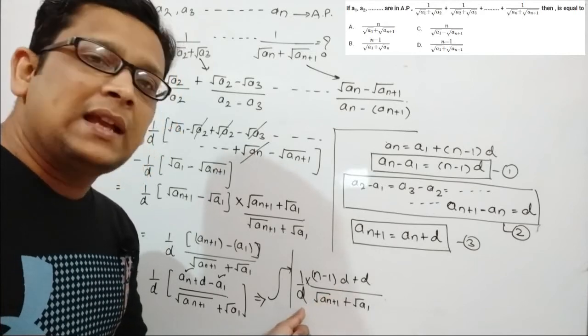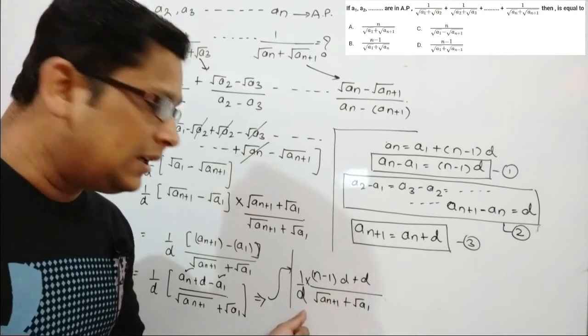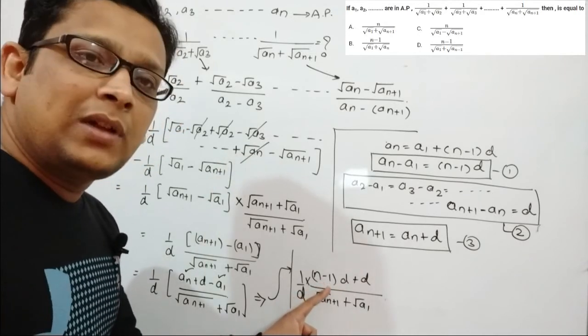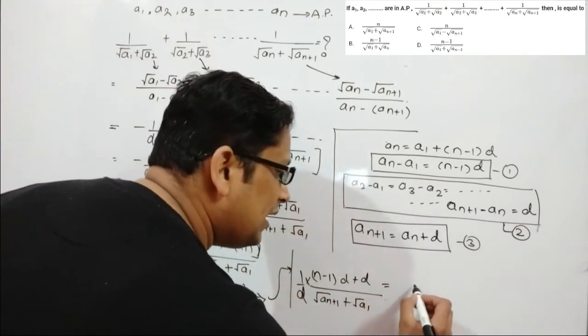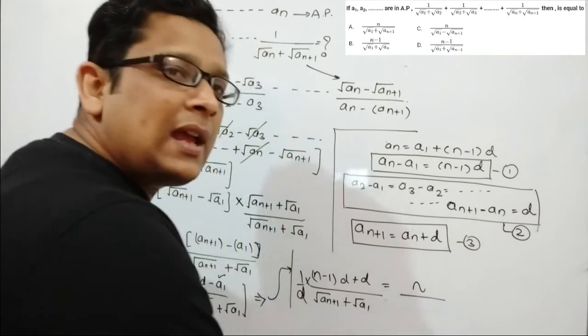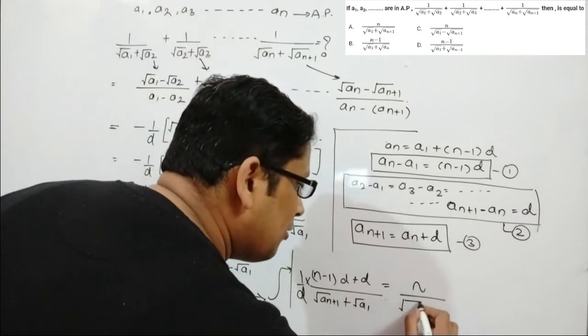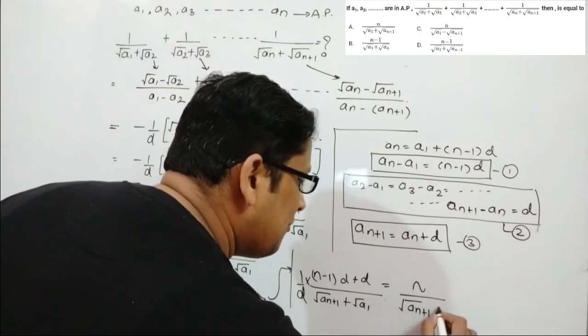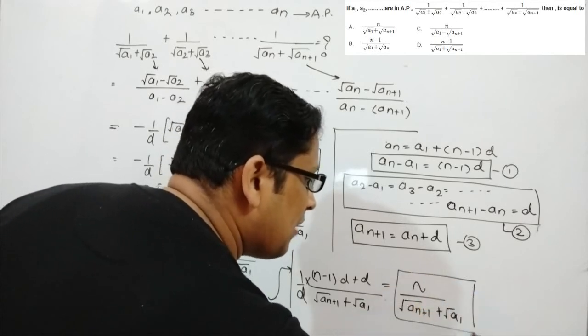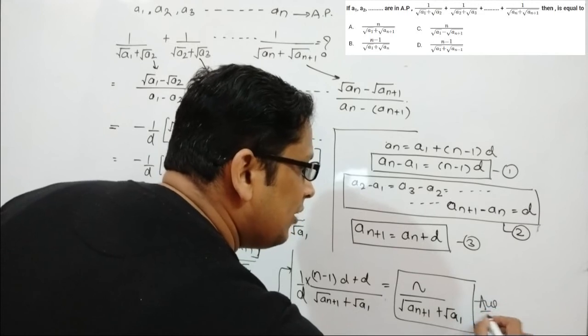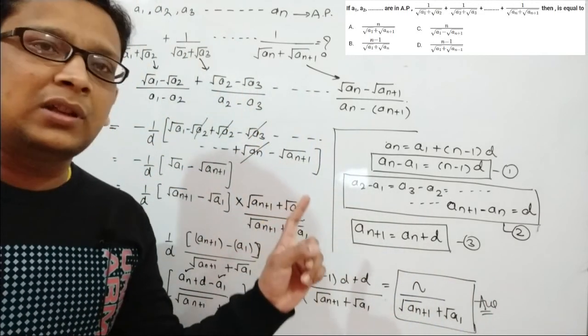So this d will be cancelled out by this d at the denominator. So we get what, n minus 1 plus 1 will be there. So minus 1 plus 1 will be getting cancelled out. So we get finally, as a result, n divided by √(an+1) plus √a1 will be there. So this will become our answer. So this will be the answer of the given question.